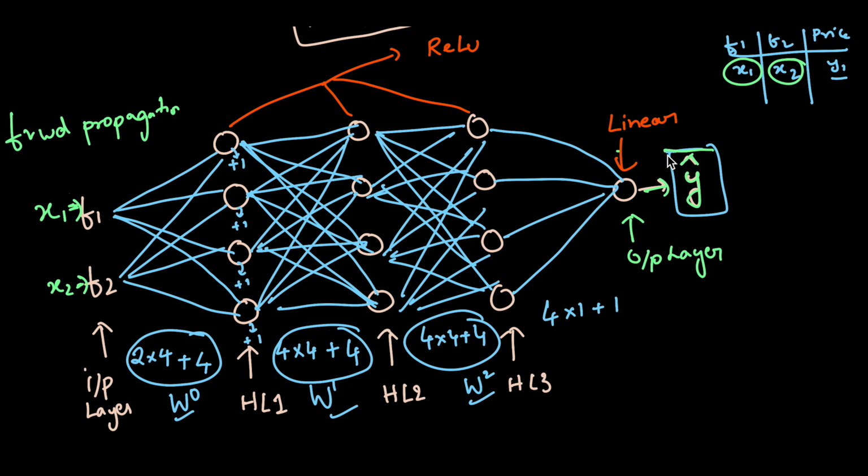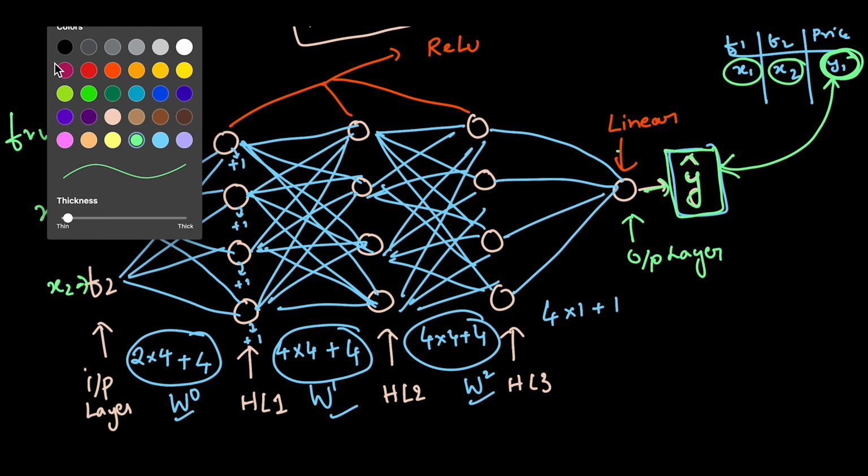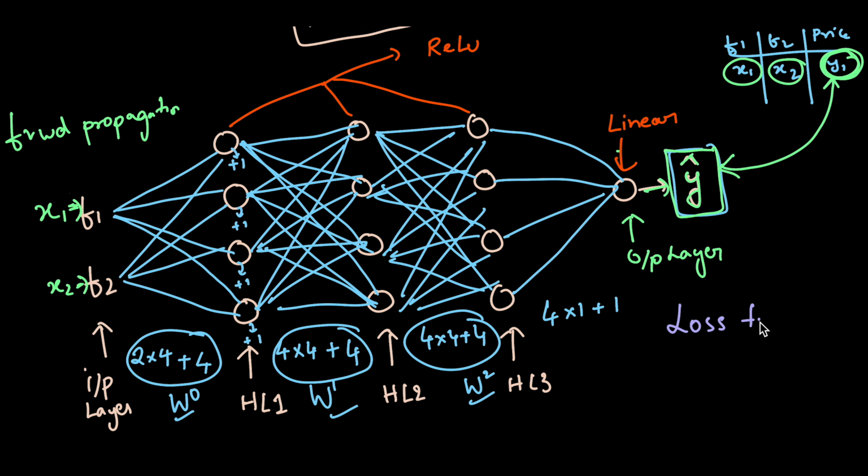Now we have our predicted output given by this ANN, and also we have our actual output in the original data set that we are having. Now we need to compare these two and see how good the model is performing. And what is that particular step called? That step is loss function, right?